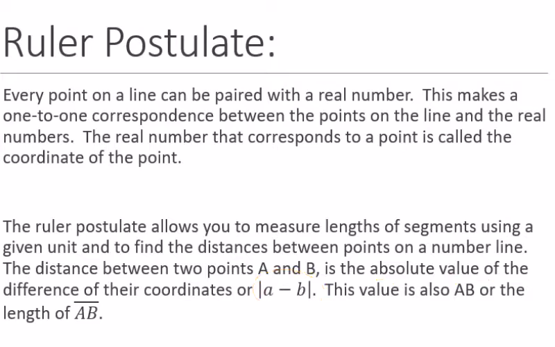Notice how if I say find AB, there's no line above AB, so there's no value there. If I just say find AB, that means find the length of the segment AB, okay? Or you can say length AB this way, or length of segment AB, I should say.